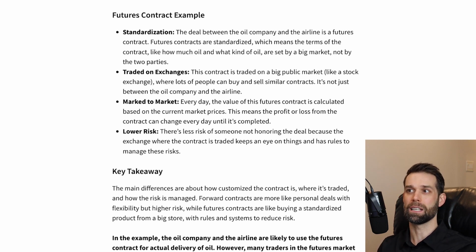There's less risk of someone not honoring the deal because the exchange keeps an eye on where the contract is actually exchanged, like the market exchange. The futures exchange market keeps an eye on things. There are rules to manage risks and all that sort of stuff.